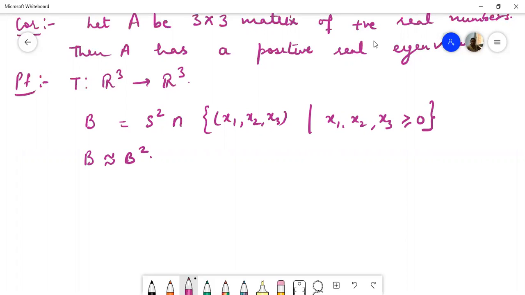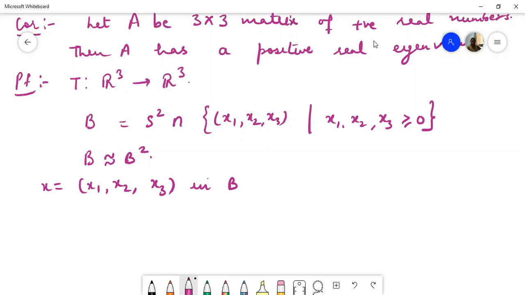Since any mapping from B2 to B2 has a fixed point, any mapping from B to B also has a fixed point by Brouwer's fixed point theorem. Now, if we take a point X = (x1, x2, x3) in B, since B is S2 intersected with the first octant, all the components x1, x2, x3 are non-negative.